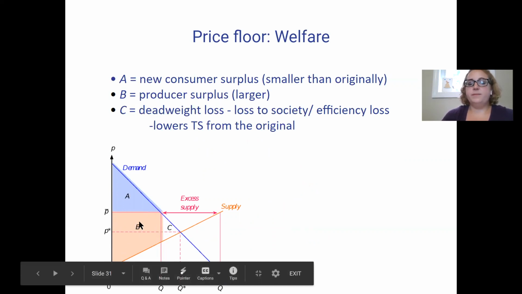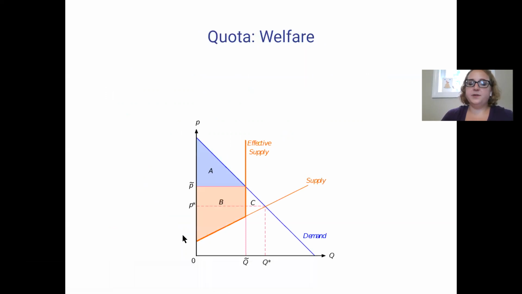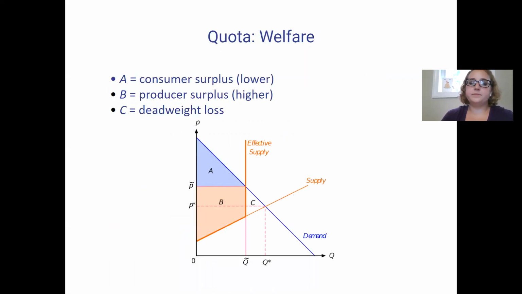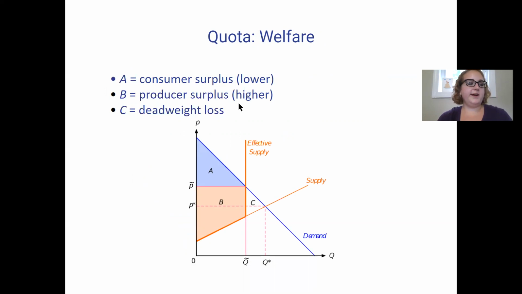Producers get more surplus and consumers lose out, and there's this deadweight loss. So you can think that the quota affects the market very similar to the floor. They don't exactly go together, but you can maybe remember that what happens with a floor also would happen if there was a quota, and that might help you remember these things. Whereas the price ceiling is going to be just the opposite.